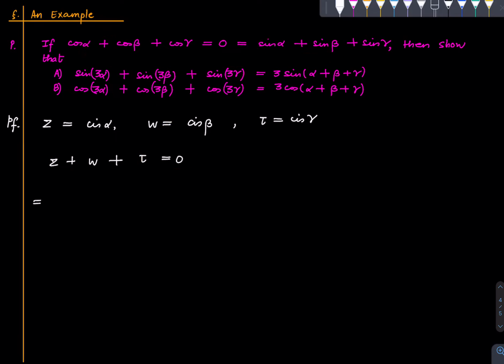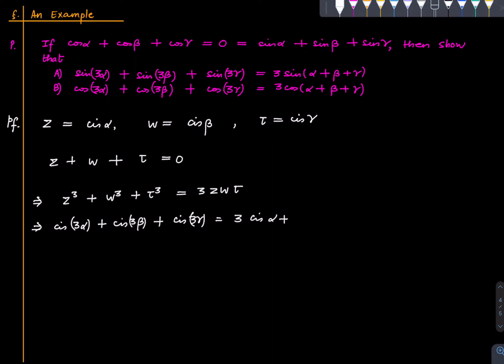And now by using the recall, we get z cube plus w cube plus tau cube equals 3 z w tau, which gives us cis 3 alpha plus cis 3 beta plus cis 3 gamma equals 3 times cis alpha plus beta plus gamma. Why is that?